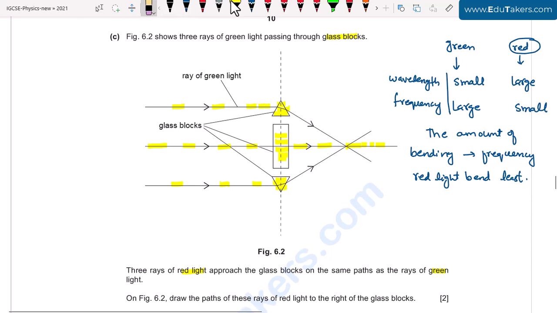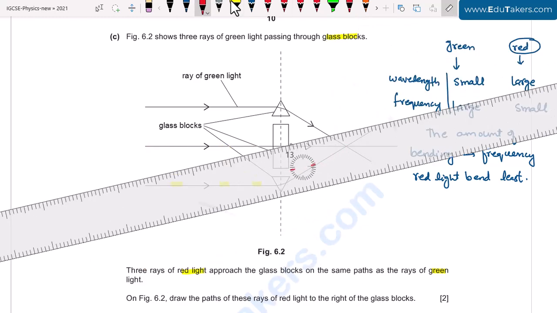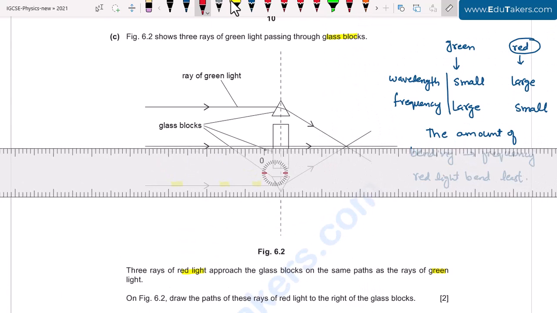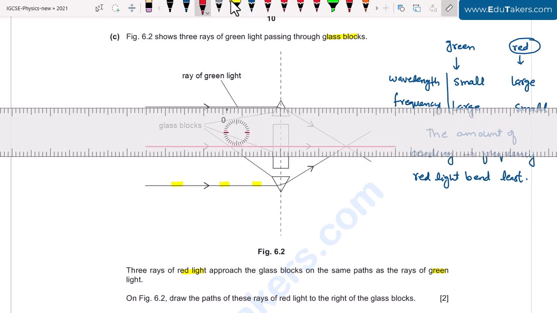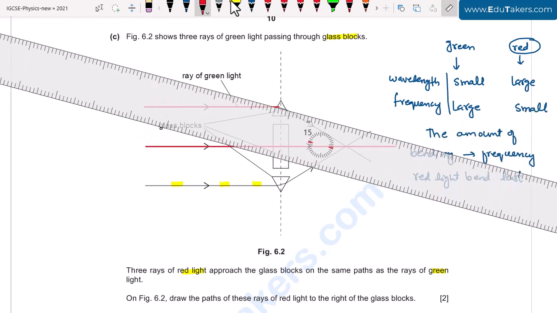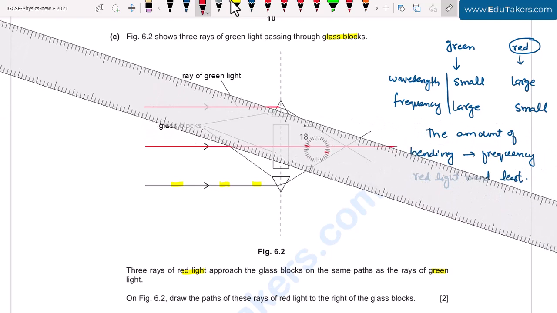When we draw here for red rays, the central ray will be straight, it will not deviate. The first ray strikes the glass block and gets refracted. There will be small amount of bending and it will be just like this.